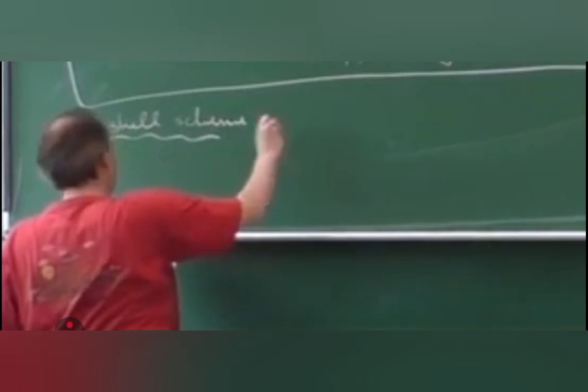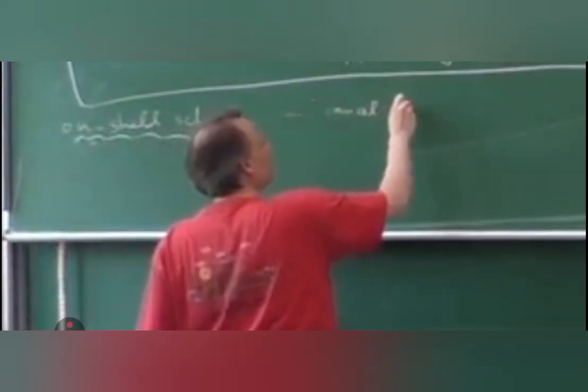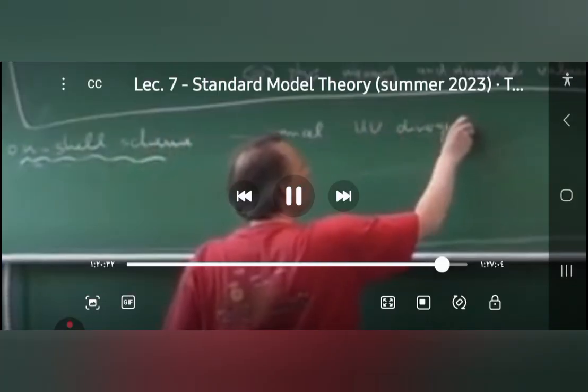which on the one hand, of course, cancels ultraviolet divergences. But how are the finite parts defined?